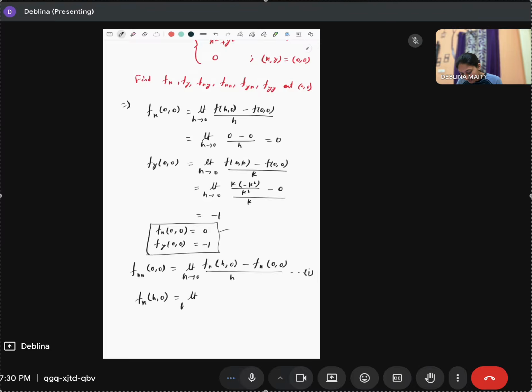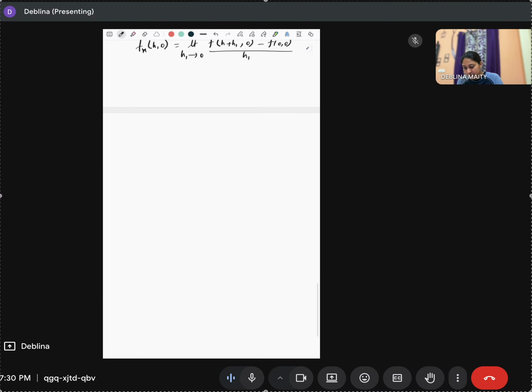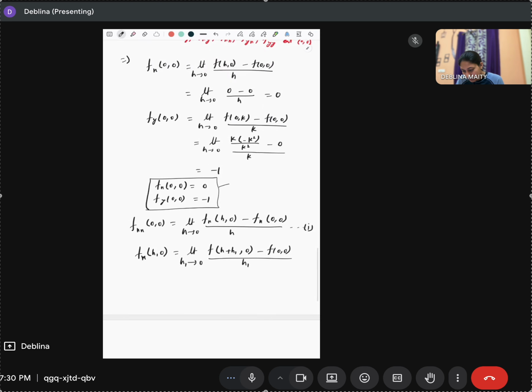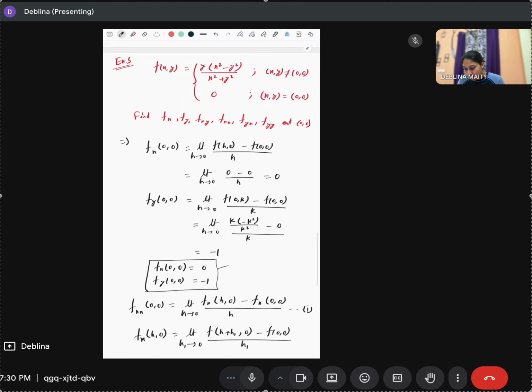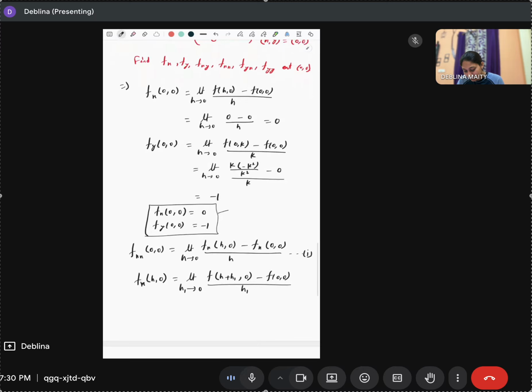This is the limit as h1 goes to 0 of f(h plus h1, 0) minus f(0,0) divided by h1, right? By the limit definition. Now what is this value? Since here y is 0, by this functional value, this one is actually 0 and f(0,0) is 0, so its value is 0.